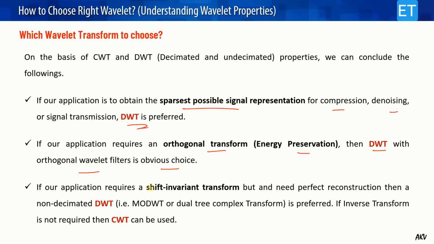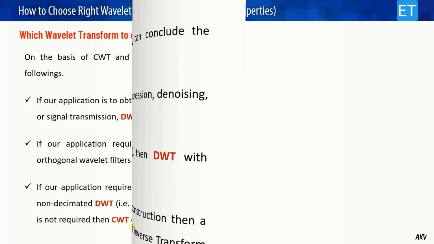Now, if our application requires a shift invariant transform, but we need perfect reconstruction also, then the non-decimated form of DWT such as MODWT or the dual tree complex transform is a choice. And if an inverse transform is not required, then one can go for CWT.